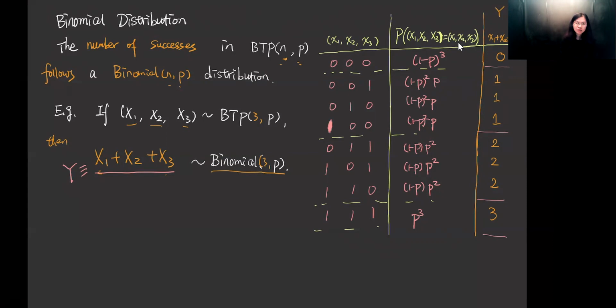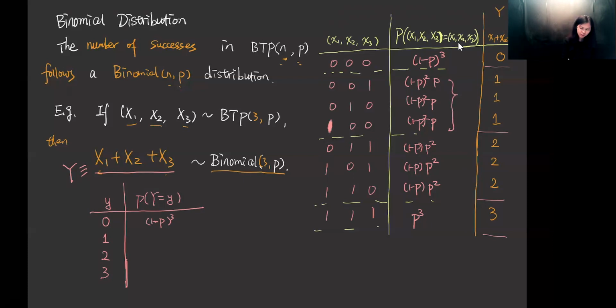Now we can compress the table to get the probability distribution of Y. So Y takes 4 possible values: 0, 1, 2, and 3. The probability that Y equals 0 is 1 minus p to the power 3, since there is only 1 outcome that has this probability. And there are 3 outcomes that correspond to Y equals 1.